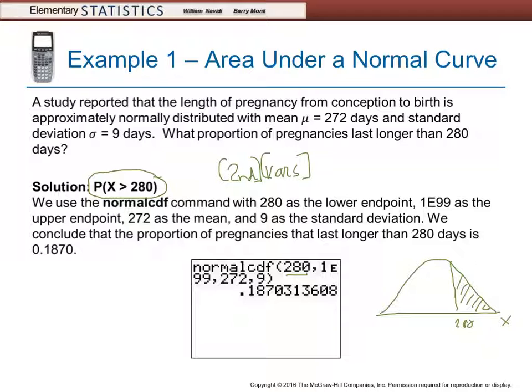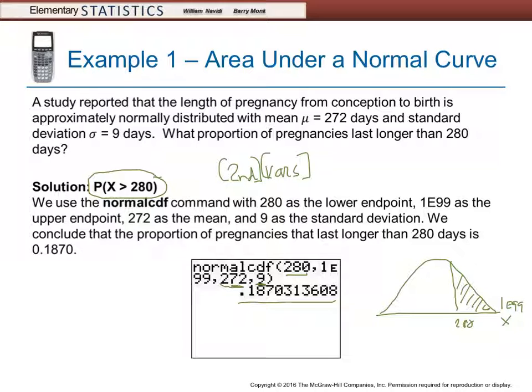We hit a comma. And then our upper bound, since we don't really have one, right, there's none that's been chosen, we use the default of 1E99, comma, then we put the mean value in and the standard deviation in. We close the parentheses and hit enter. That value there is our probability.